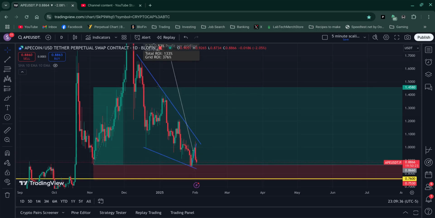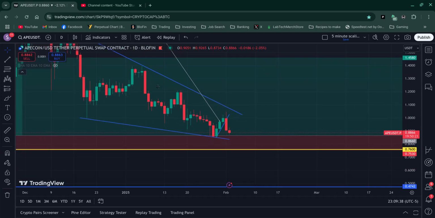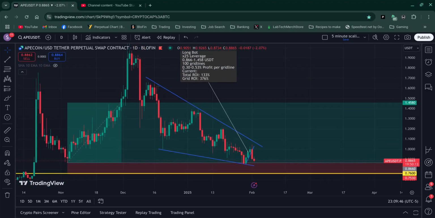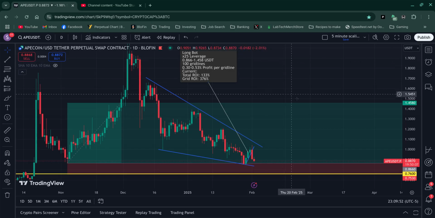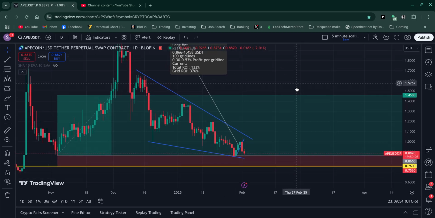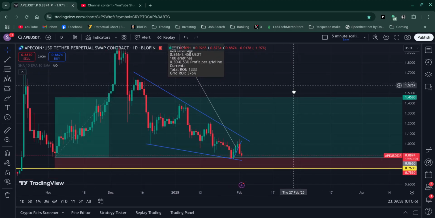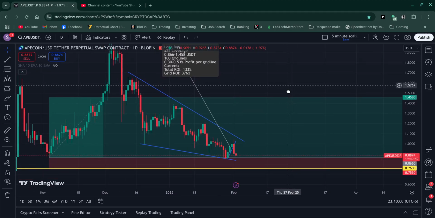In terms of shorter term price action, I still think that it'll take a little while for Apecoin to really start taking off, because we'll have to wait for AI and gaming and things like this to come to fruition to really start doing numbers in the cryptocurrency space.